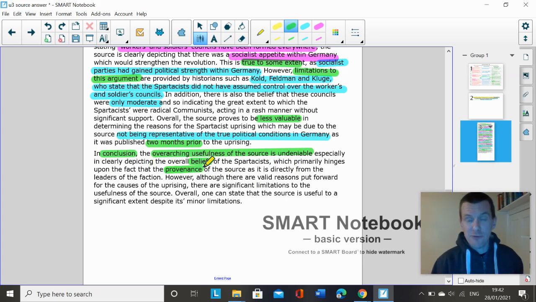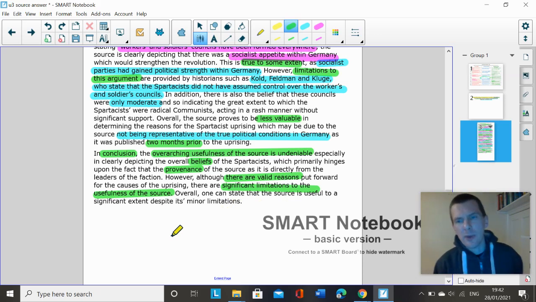So they're linking in the provenance there with the usefulness of the content. It's a manifesto. They're saying it themselves. It's ideal for picking up their beliefs. However, although there are valid reasons to put forward for the causes of the uprising, there are significant limitations to the usefulness of the source. For that reason, it should say there, for that reason. Overall, one can state that the source is useful to a significant extent, despite its minor limitations.